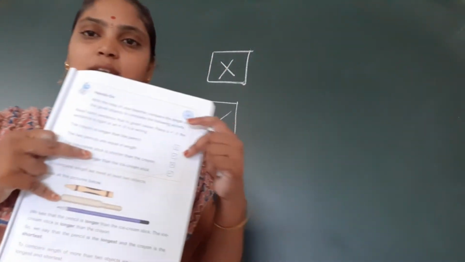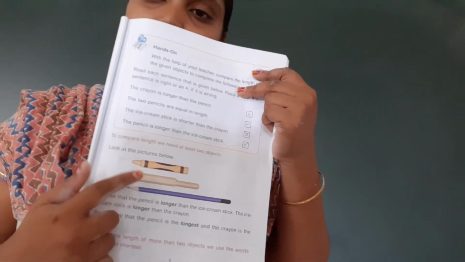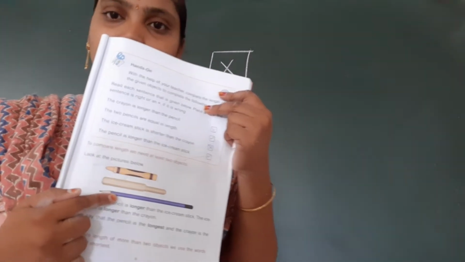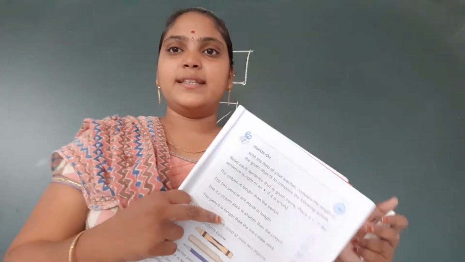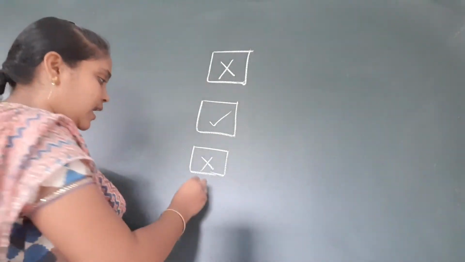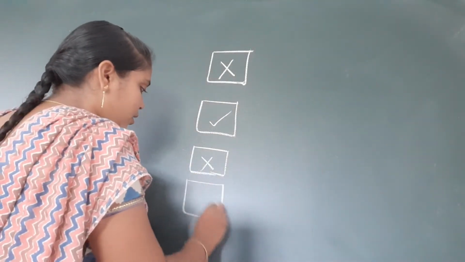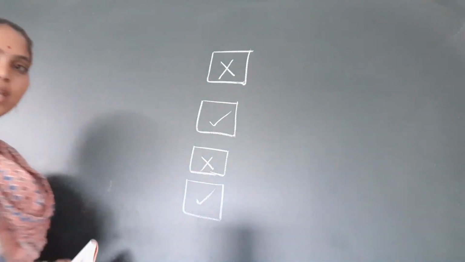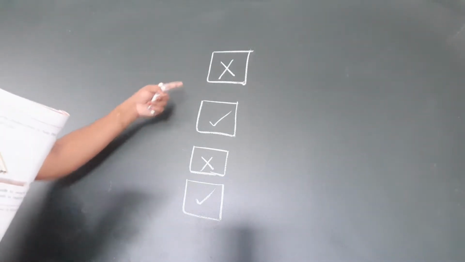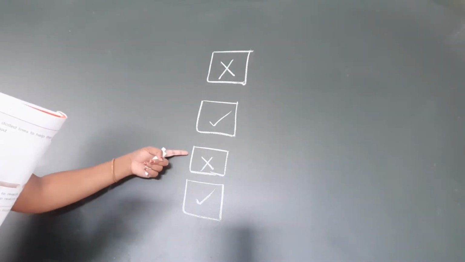The pencil is longer than the ice cream stick. Is it correct? Yes, the pencil is longer than the ice cream stick. So here you have to tick it. Okay. First one is wrong, second sentence right, third wrong, and fourth right.